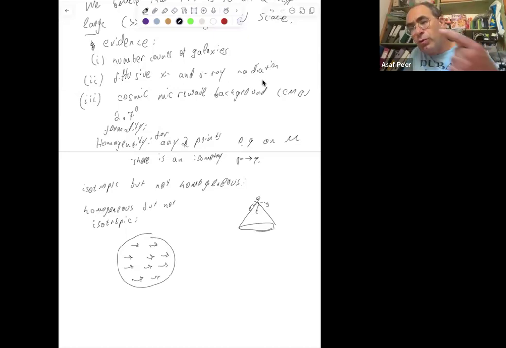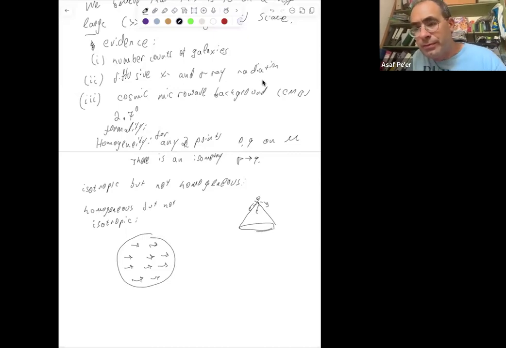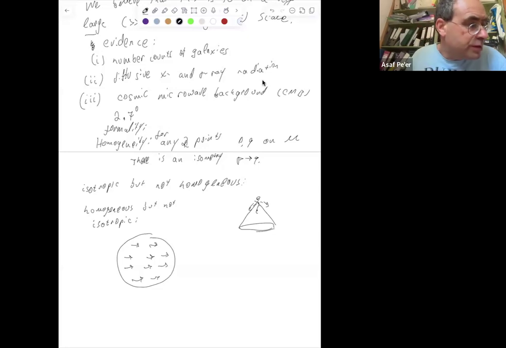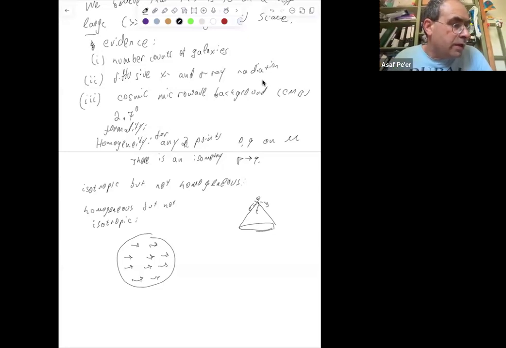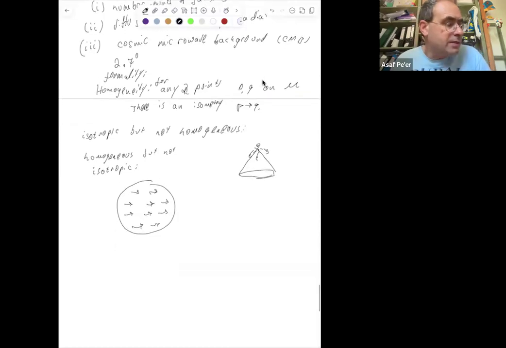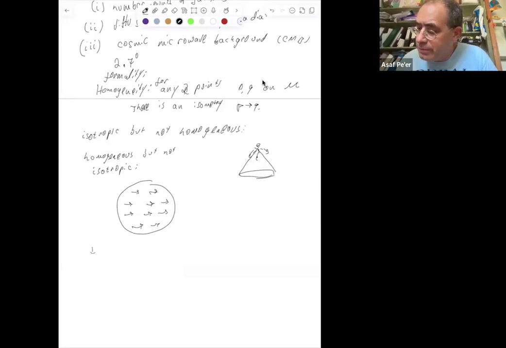If you're in the middle of the sea and there is a wind that takes you in one direction, that's homogeneous but not isotropic. But then again, there is a mathematical statement that states that if the space is isotropic everywhere, then it's also homogeneous.